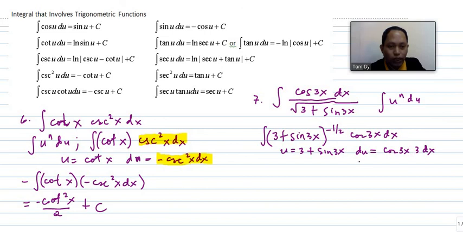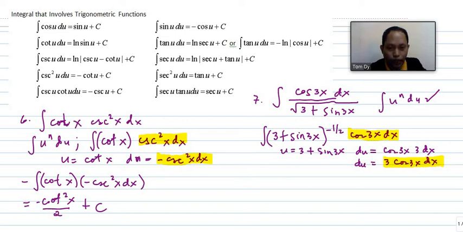So du equals 3 cosine of 3x dx. Comparing this with cosine 3x dx, the difference is this number 3. Therefore, u to the n du is applicable for this particular problem.